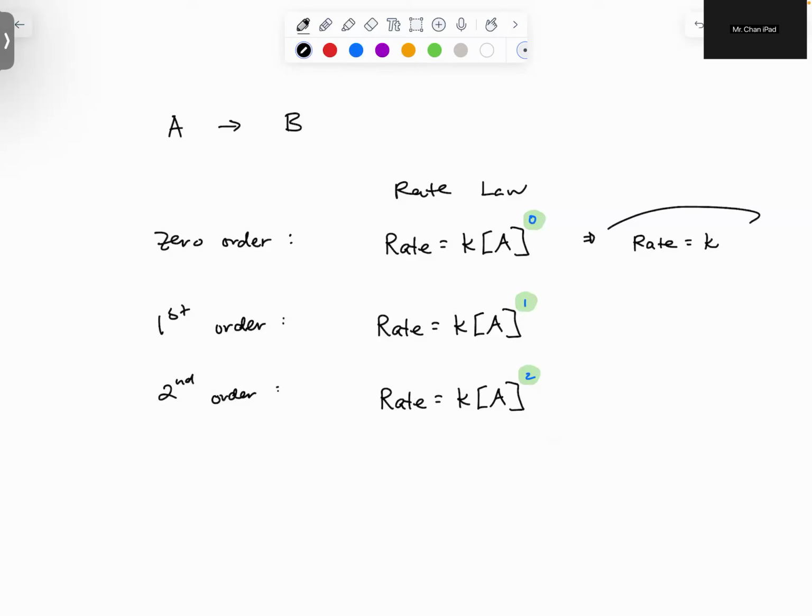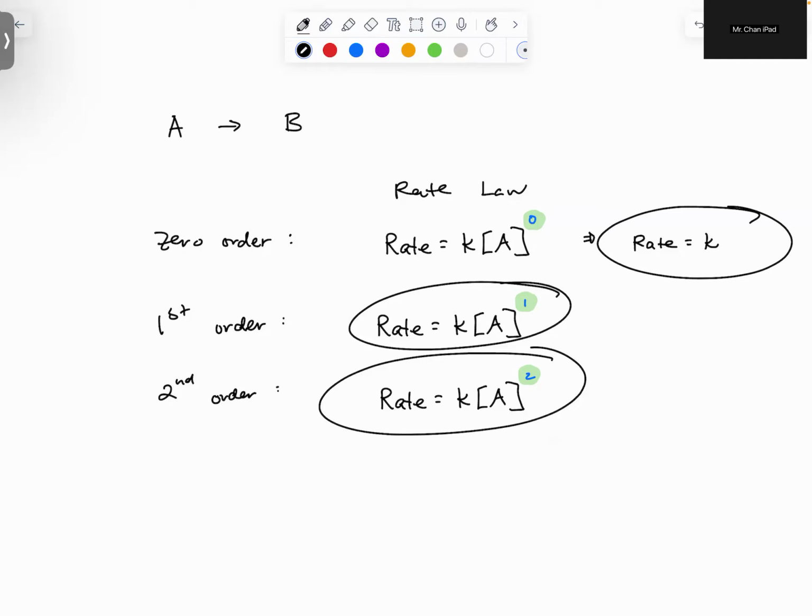So that's a rate law if you have a single reactant with zero order. This is a first order. This is a second order. Now, something that you need to feel comfortable with is that we will keep the word rate and also the letter K. We are not going to put in numbers right here, right now. These circled ones are the finished product, the finished outcome of writing a rate law.